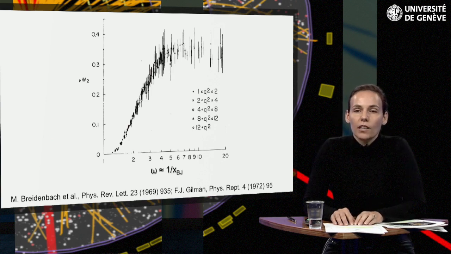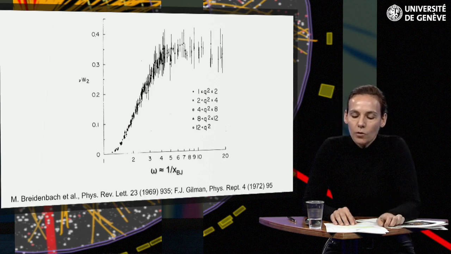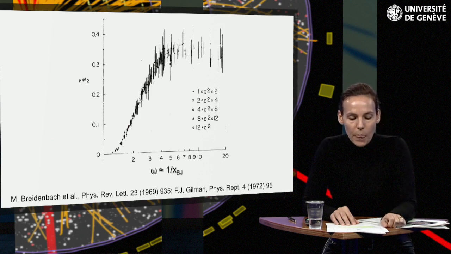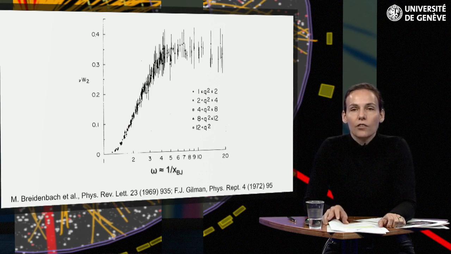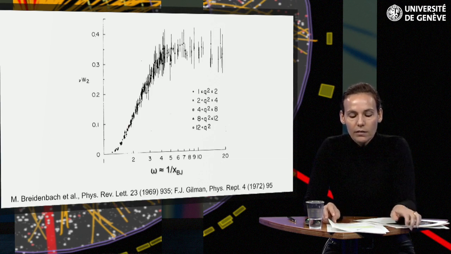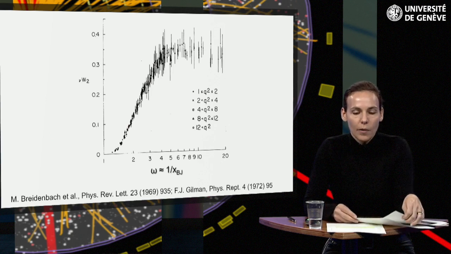The structure function W2 as a function of the kinematical variable omega, which is about equal to 1 over x_Bj, smoothens with increasing Q2 beyond the resonance region, and then follows a universal function of x_Bj independent of Q2. The kinematic constraint imposed by elastic scattering of point-like particles inside the proton is indeed respected.